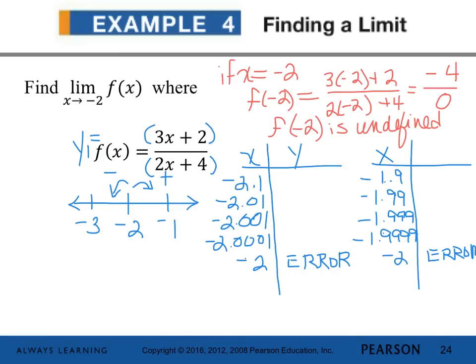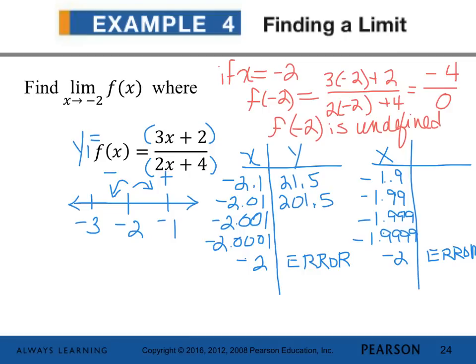So let's compare and see what happens. When I let x be -2.1, I got 21.5. And when I let x be -2.01, I got 201.5.